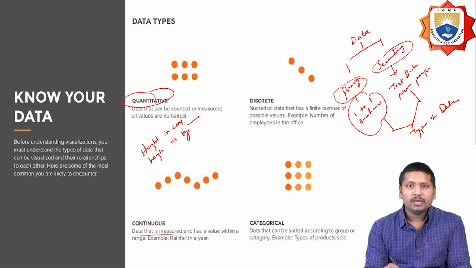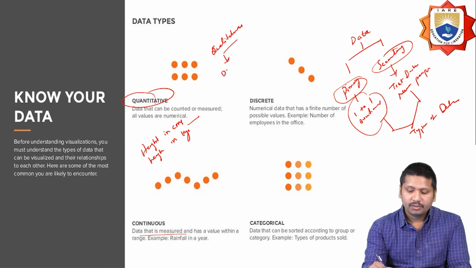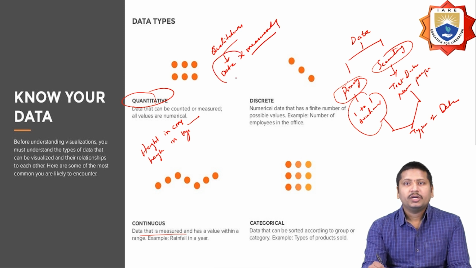So these will all be considered quantitative. Then qualitative is the other kind, where the data may not have any kind of measurements. That will be considered qualitative data here.